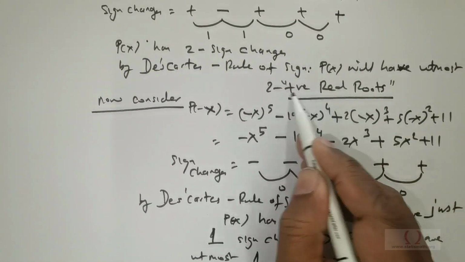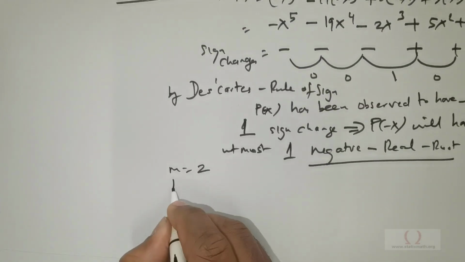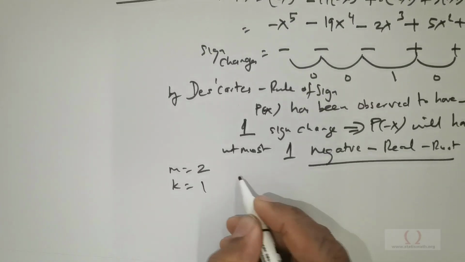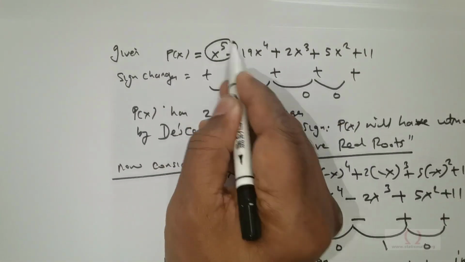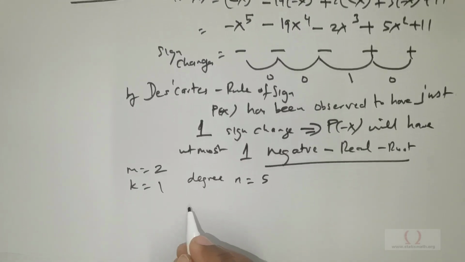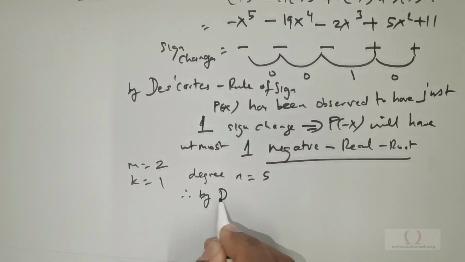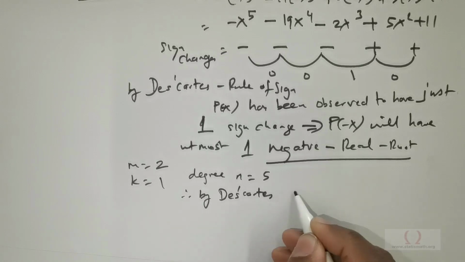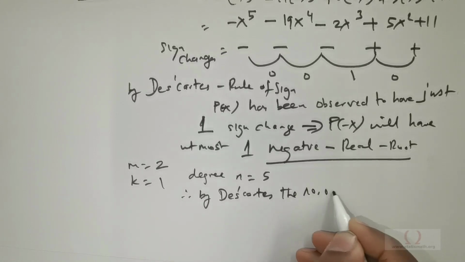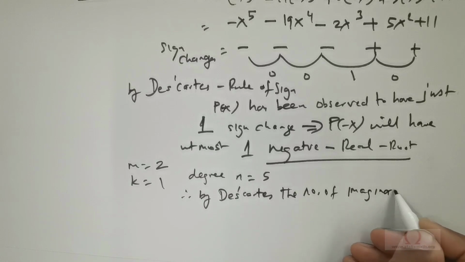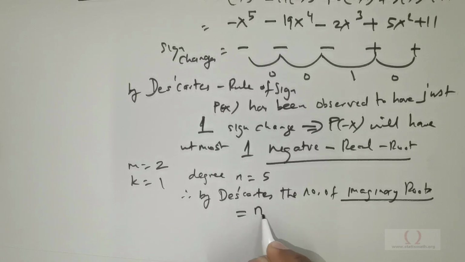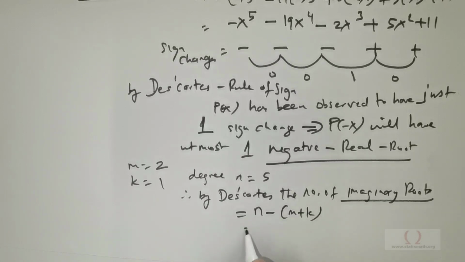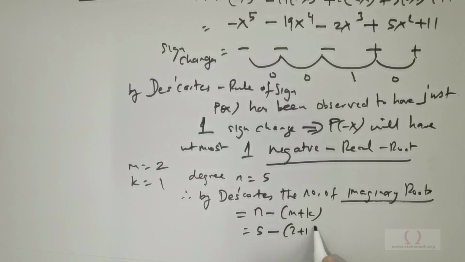So m has been found to be 2, two positive real roots. k has been found to be 1. The degree of the polynomial n has been found to be 5. So therefore, by Descartes, the number of imaginary roots is given by n minus m plus k, which is 5 minus 2 plus 1, which is 5 minus 3, which is equal to 2.